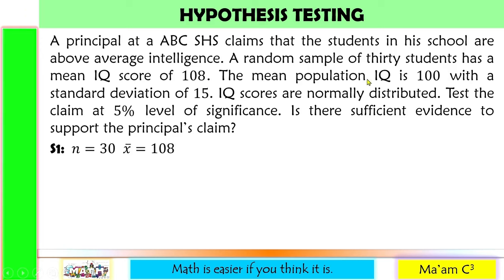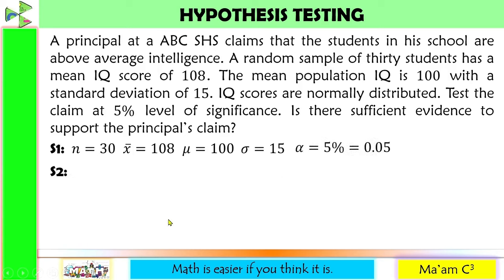The mean population IQ is 100, so mu is equal to 100, with a standard deviation of 15 pertaining to the population, so this is sigma. Test the claim at 5% level of significance. So alpha is equal to 5% or 0.05.